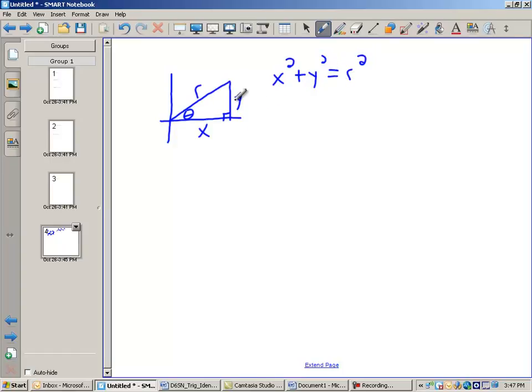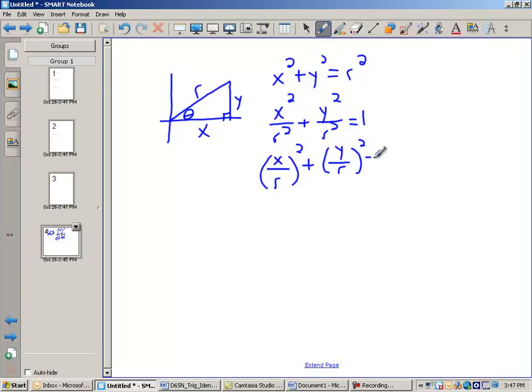Now, since r is positive and not 0, I can divide through by r squared to get x squared over r squared plus y squared over r squared is equal to r squared over r squared, which of course is 1. This can be rewritten as (x over r) squared plus (y over r) squared is equal to 1.